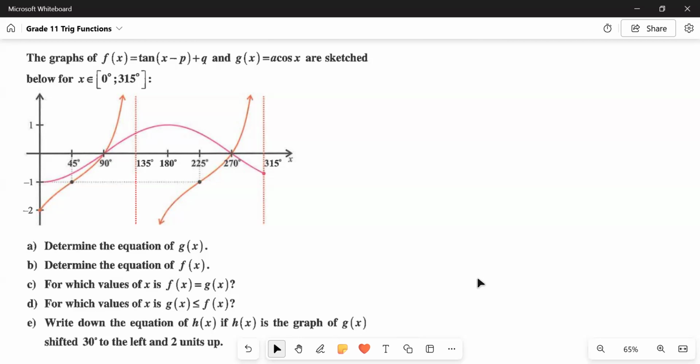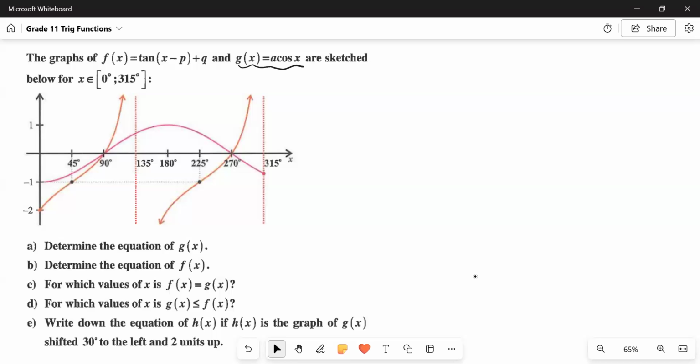Now, A, determine the equation of g of x. So here's our g of x. That's our cos graph. The standard cos graph starts at 0, 1. It can be seen on the graph that this is a standard cos graph which has been reflected about the x-axis, which means our cos graph here is negative.